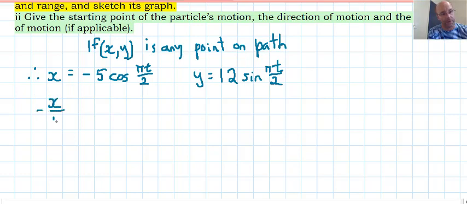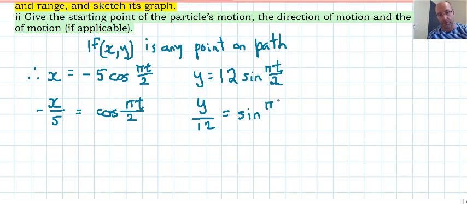So we've got negative x on 5 equals cos pi t over 2, and we've got y over 12 equals sine pi t over 2.